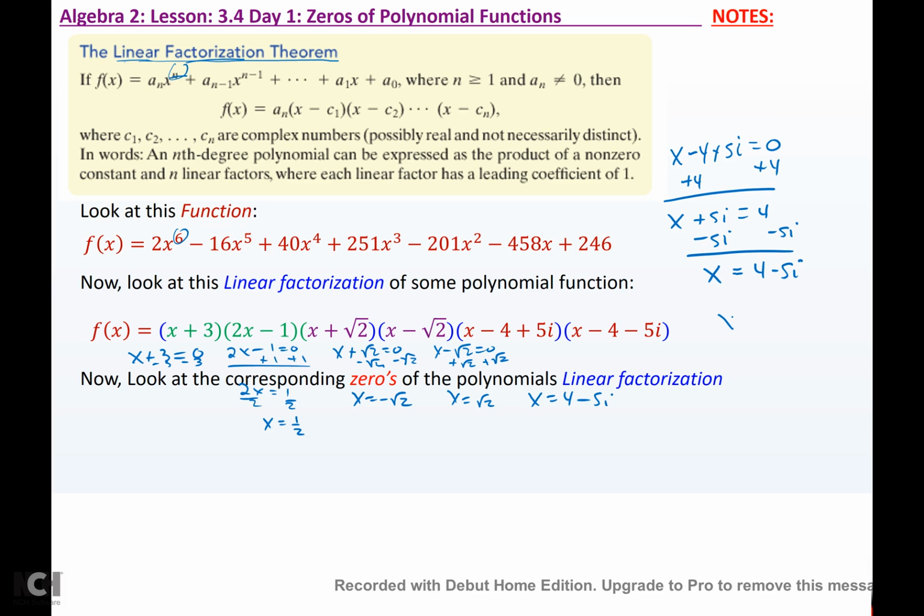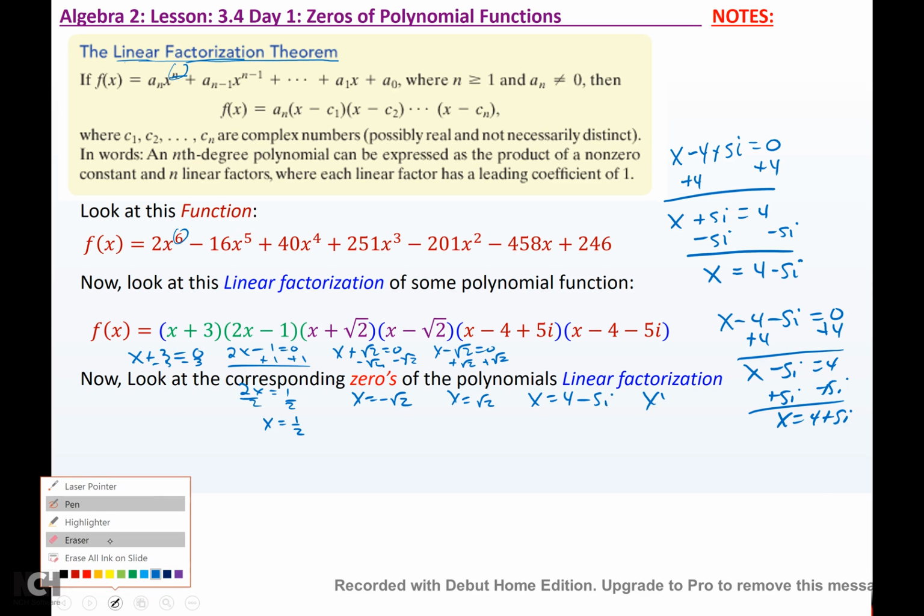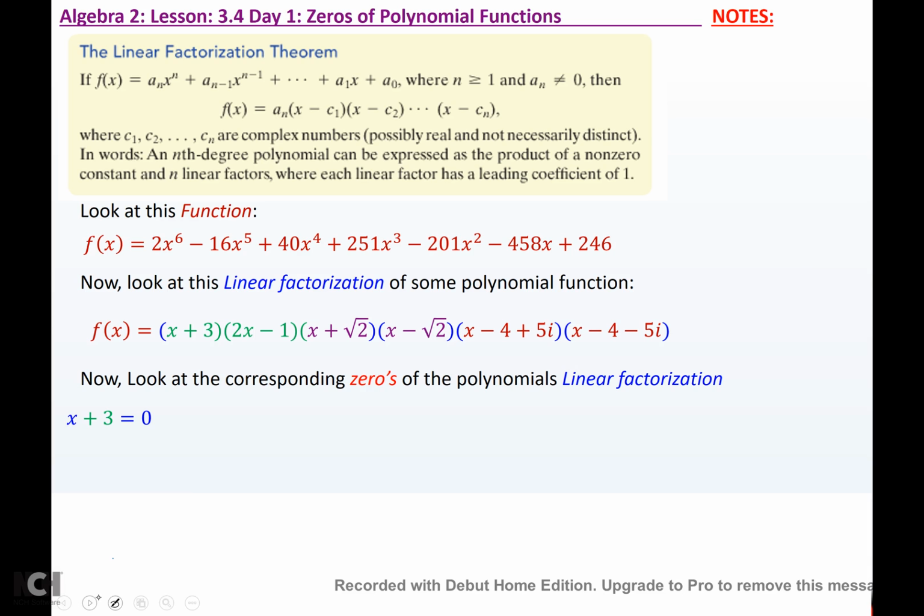And then if I did this one, x minus 4 minus 5i equals 0, add 4. I get x minus 5i equals 4, add 5i, x equals 4 plus 5i. Okay, so do you see where I got all my zeros from? I set each one to 0.